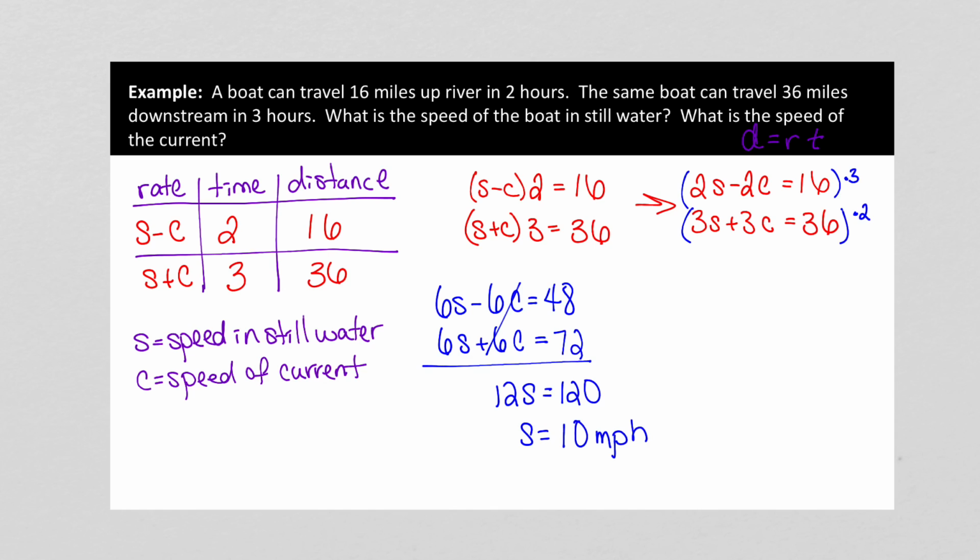Now tell me which one is which. So 10 miles per hour, S was the speed in still water. So 10 miles per hour in still water. Don't have to write a complete sentence, but make sure it's clear to me. And then we can plug into either of the above equations. So I'm just going to plug into the first one. So 2 times 10 minus 2C equals 16.